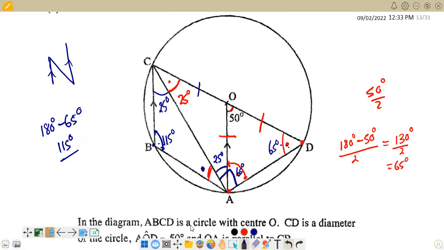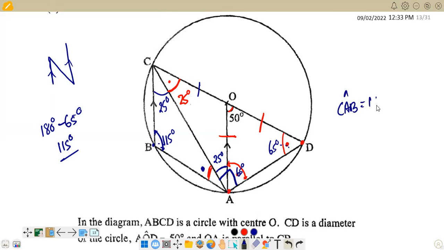So what are we going to do? We know that angles in a triangle add up to 180 degrees. So if we know this concept, we are just going to subtract these two so that we can have our CAB. So our angle CAB is going to be 180 degrees minus these two angles that are inside the triangle, which is 25 degrees plus 115 degrees.